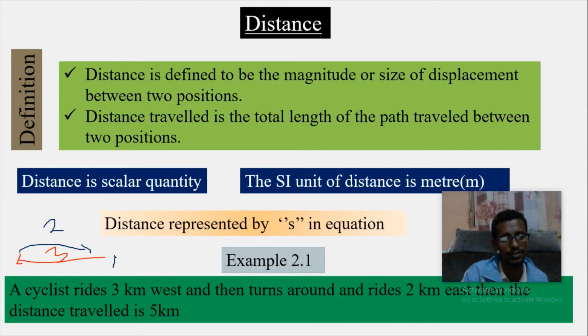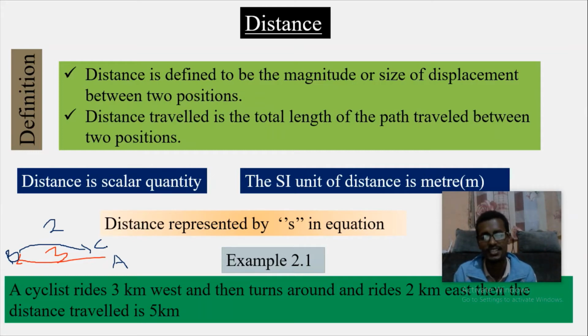Let this one be point A, this one point B, and this one point C. Then first the cyclist rides 3 kilometers from A to B and 2 kilometers from B to C. Look at the directions.